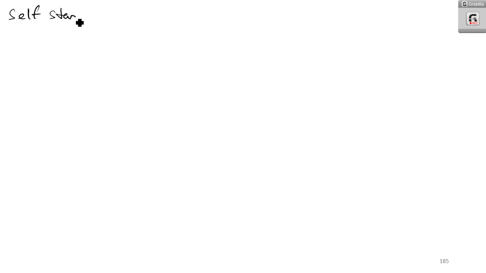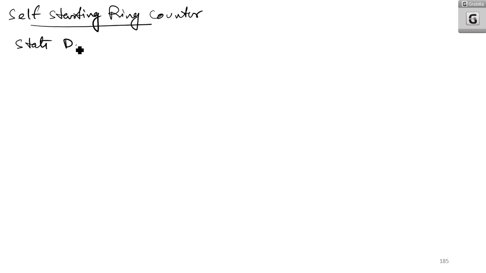How can you make it self-starting? That is the question. If it is a ring counter, what is the state diagram? If I am drawing the state diagram, for 4 bits it is basically an 8 4 2 1 counter.